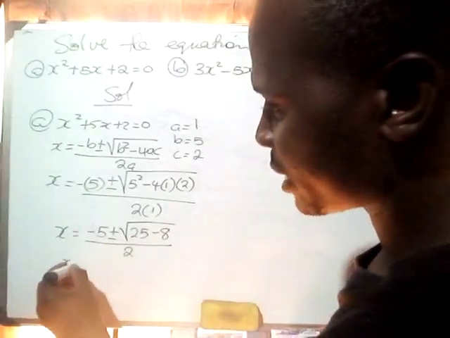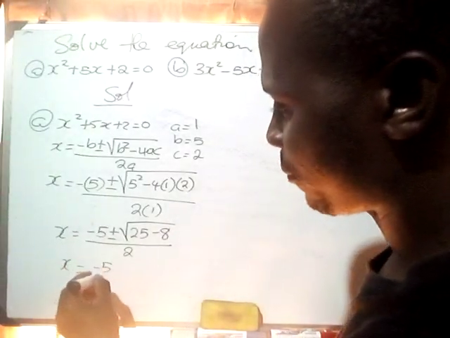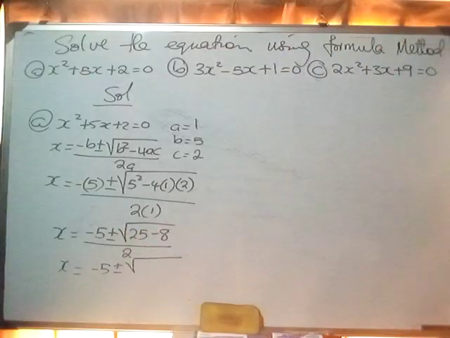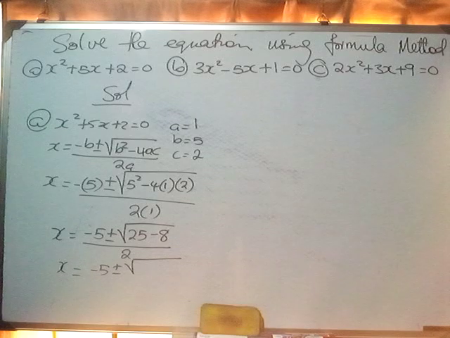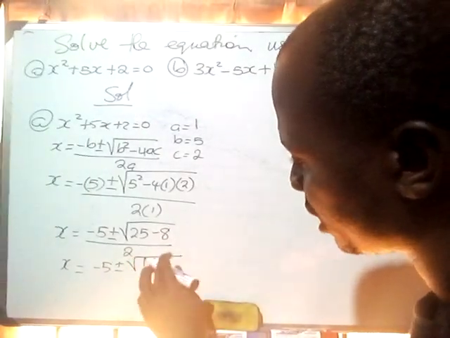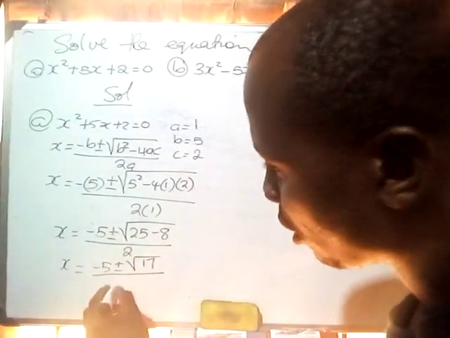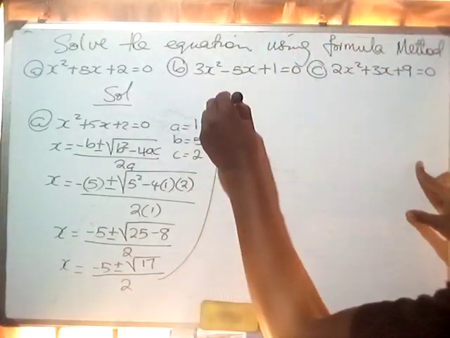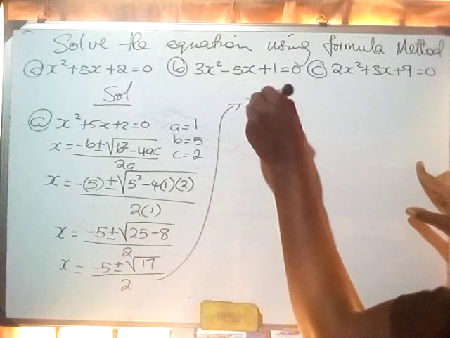So we have x is equal to negative 5 plus or minus the root of 25 minus 8, the answer is 17, over 2.